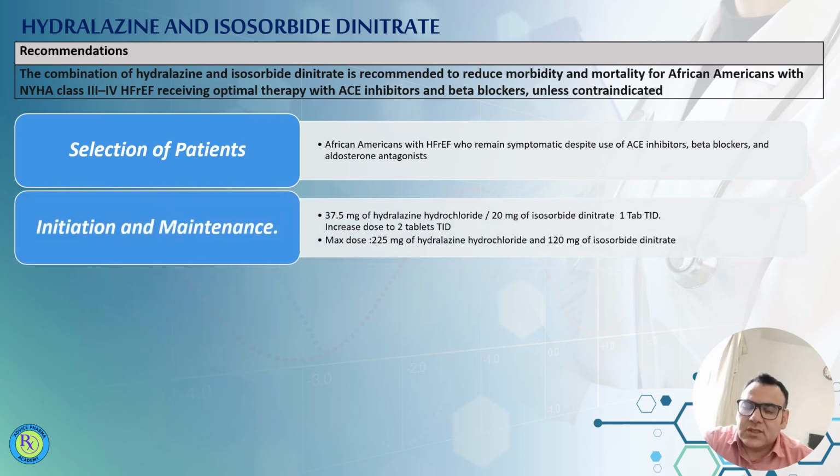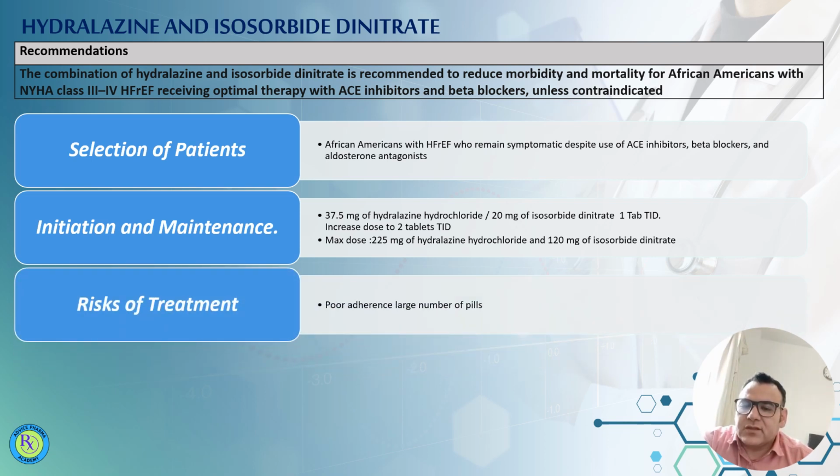Initiation and maintenance: the initial dose is a combination of two medications, 37.5 mg hydralazine with 20 mg isosorbide dinitrate, one tablet 3 times a day, which can be increased to 2 tablets 3 times a day, with a maximum of 225 mg hydralazine with 120 mg isosorbide dinitrate.